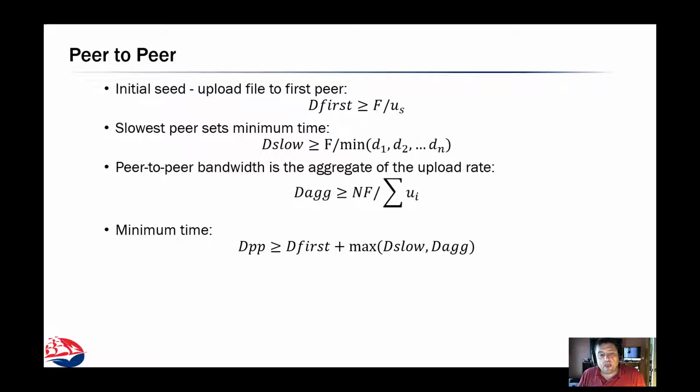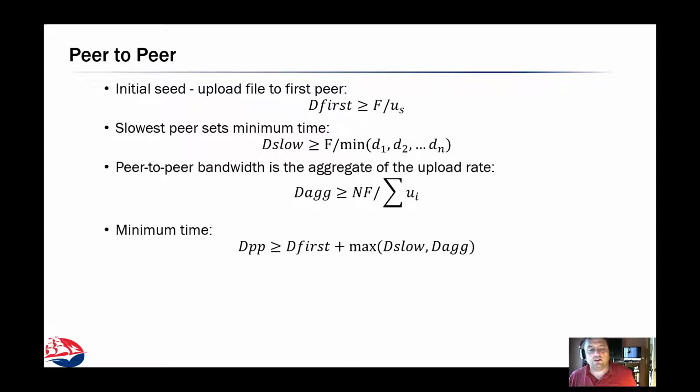And now what we have is a very simple relationship that the minimum time for peer-to-peer has to be at least as bad as the time it takes to upload the file in the first place, plus the maximum time of either the slowest peer or the aggregate download speed of everybody. So let's say that we have a network with really terrible upload speeds, like everybody's on a DSL modem. That might actually be slower than the slowest download speed.